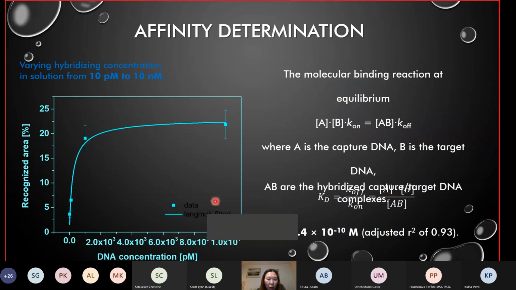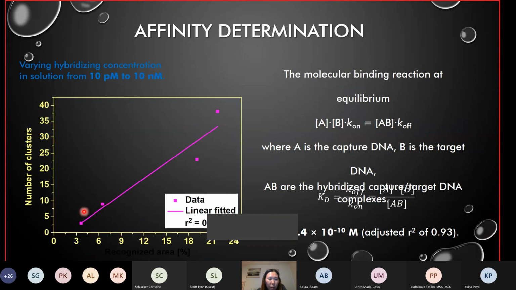And furthermore, we calculated the recognized area in one image according to the hybridized target DNA concentration. When we compare the number of clusters that we measure from the force mapping with the recognition area from the track image, we have quite a good correlation.